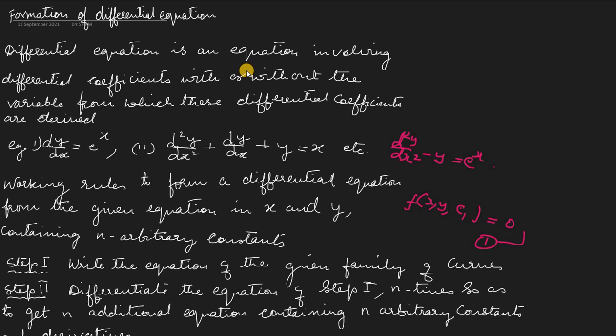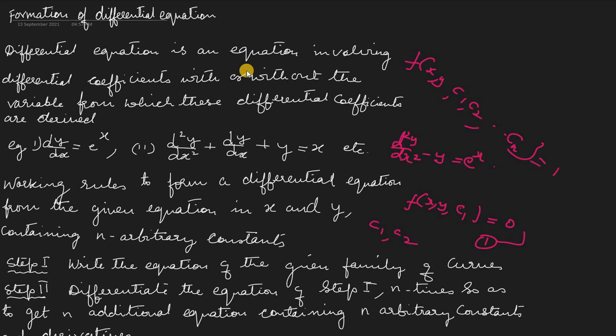The equation you obtain by eliminating the constant term c1 is called a differential equation. Now, if it involves two constants, say f(x, y, c1, c2), then you have to differentiate this family of curves 2 times in order to eliminate the constants c1, c2. I'll show you the problems also. How to form a differential equation depends on the number of constant terms. In general, if the given family f(x, y) contains c1, c2, up to cn constant terms, you name this as equation 1.